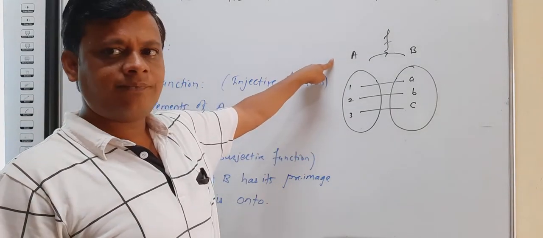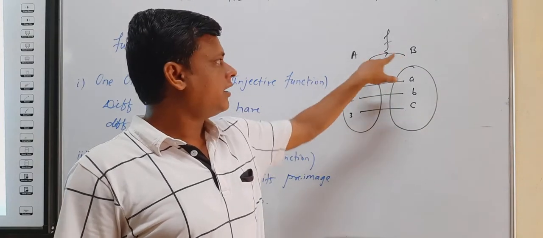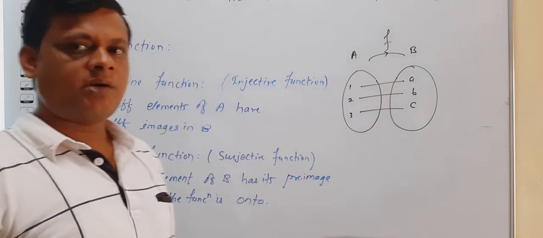Here the domain is A, the codomain is B, and the relation between them we denote by f.